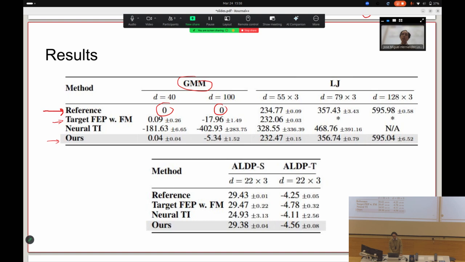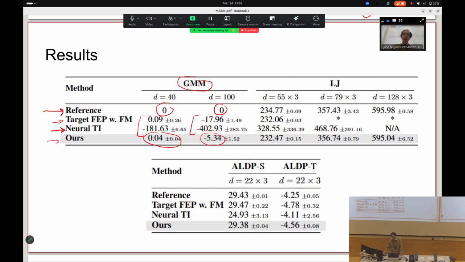This is using some flow matching technique. It requires to calculate this integral of the divergence. And we compare with another technique called neural thermodynamic integration that it's a baseline I won't describe here in detail. And here we see our method. It gives values that are close to 0, and actually closer to 0 than the baselines in this problem.